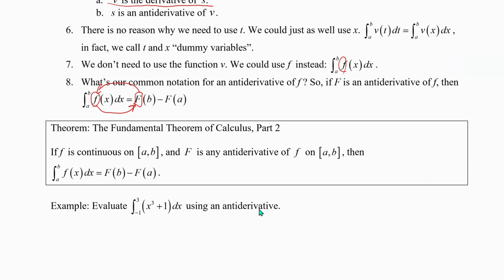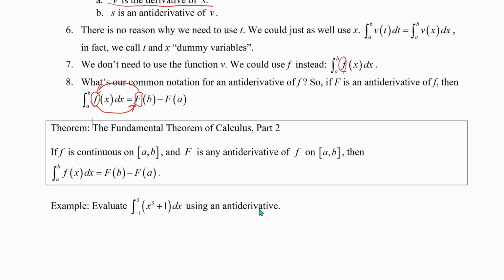It says, if f is a continuous function on the closed interval from a to b, and if F is any antiderivative of f on that closed interval, then the integral from a to b of f of x dx is equal to this capital F, the antiderivative of f, at b minus capital F of a.